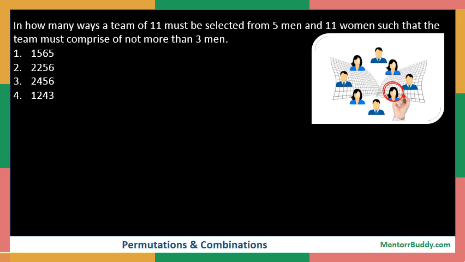As I mentioned, this question belongs to selection, which is nothing but combination. That means we are going to do nCr, and the formula for nCr is n factorial divided by (n minus r) factorial times r factorial. So we'll use this logic at a later stage, but let us figure out what the question is asking.